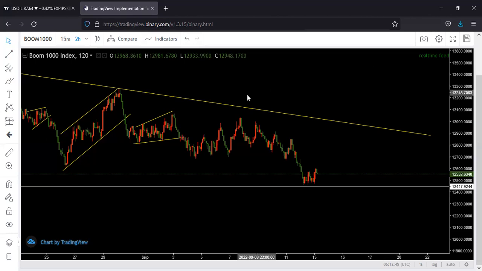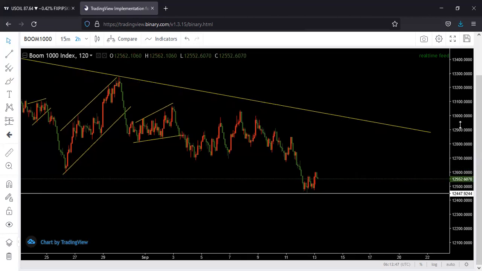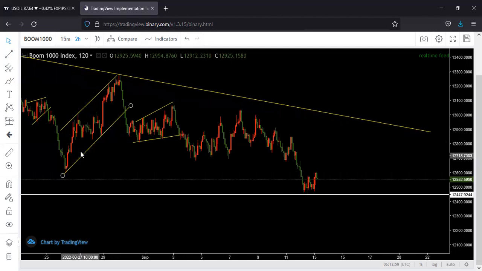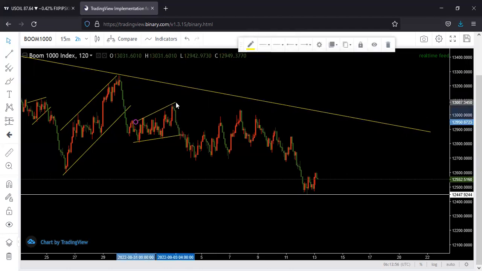All right. So now what are we going to do next here? As usual, guys, you see we had this impulsive move to the downside, then a correction, it was expanding here, expanding flag, then boom to the downside. So what are we going to do here, guys?